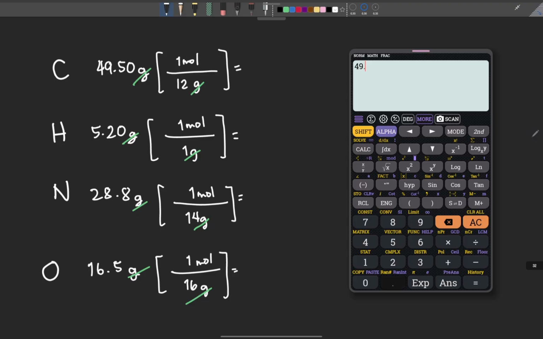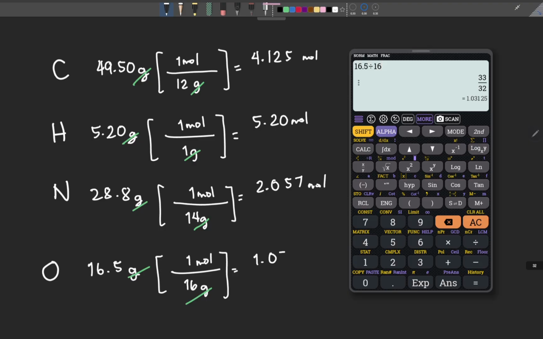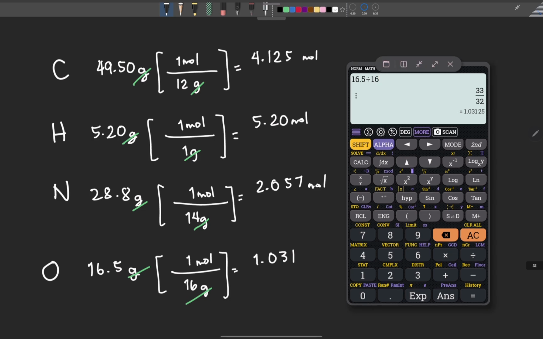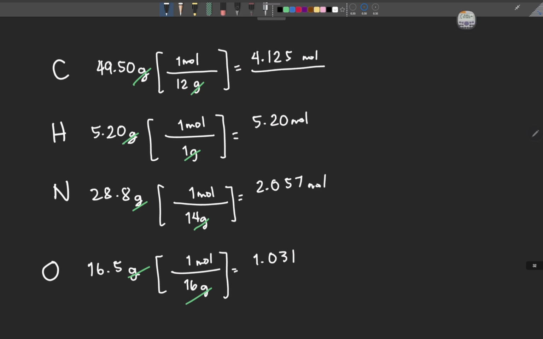So 49.5 divided by 12, 4.125. Then 5.20 divide 1, so 5.20. 28.8 divide 14, 2.057. 16.5 divide 16 equal to 1.031. Okay, then next is to divide by the lowest.